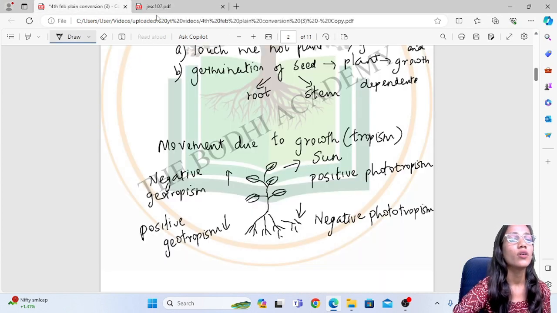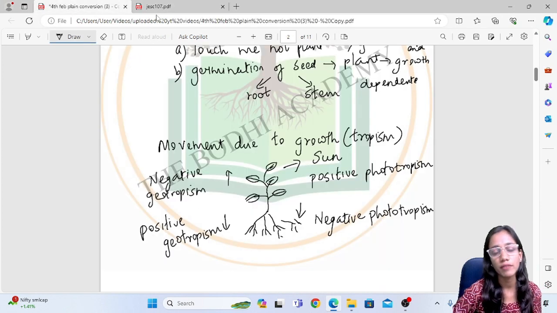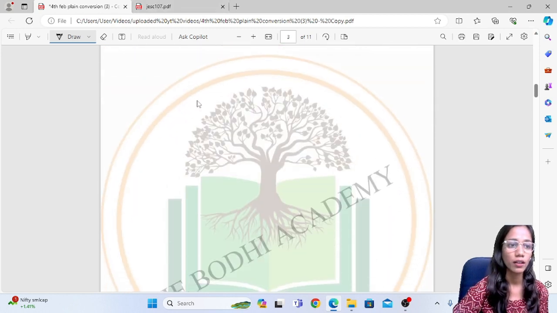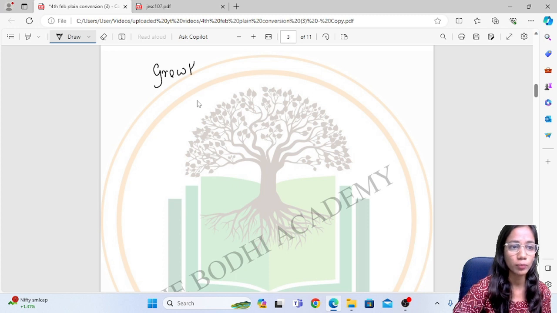Now when we were learning coordination in animal parts, we had studied electrical impulses, right? Those are the ones which travel and give the information. But for growth in plants, electrical impulses don't have any role to play.